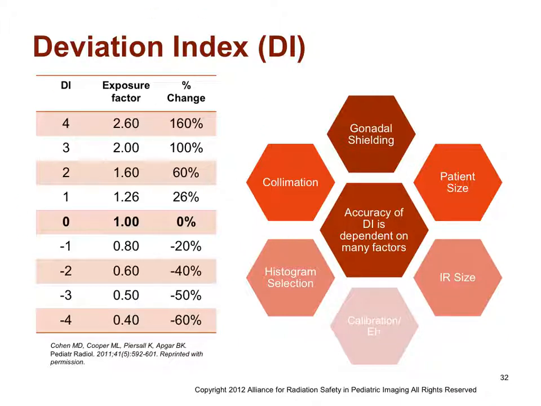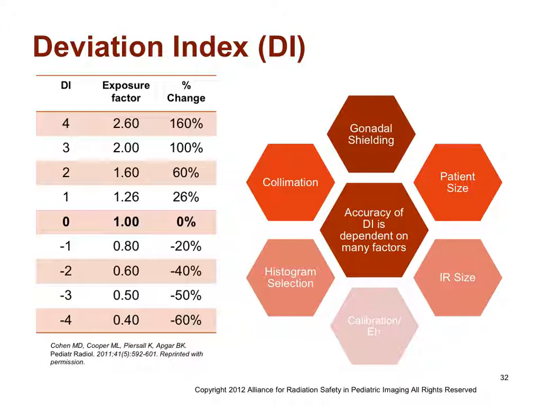So 26% overexposed, 60% overexposed, 100% overexposed, 160% overexposed in this particular case. We don't want to see any 4s, whether that's positive 4 or negative 4. But nonetheless, the positive numbers say overexposure. The negative numbers reflect underexposure in this case. So you can see 20, 40, 50, 60% underexposed in this case.